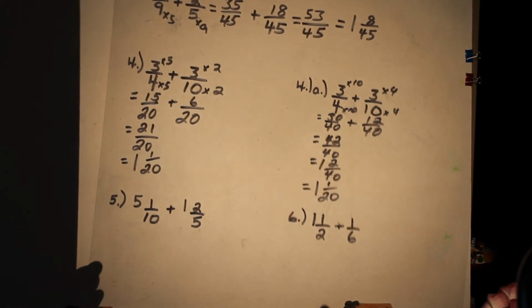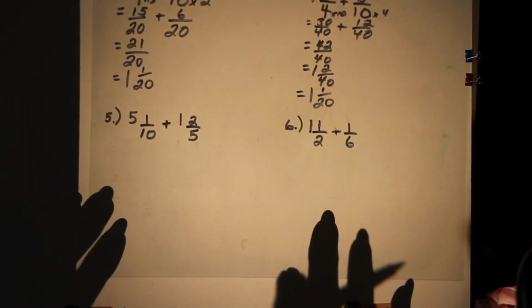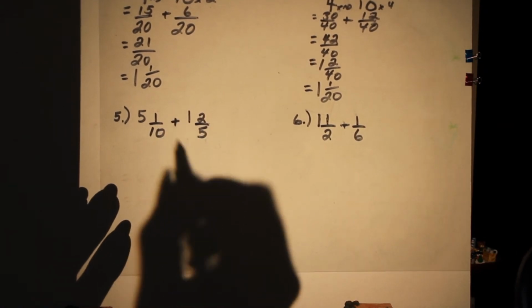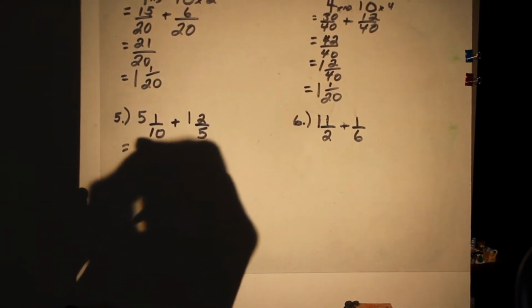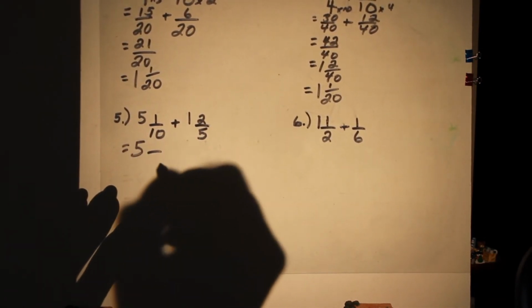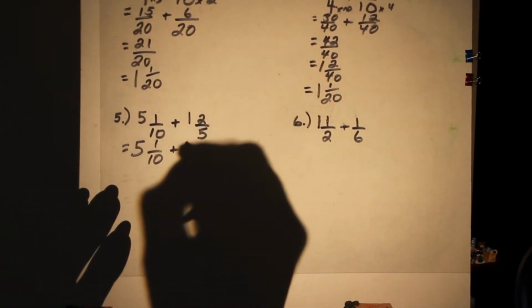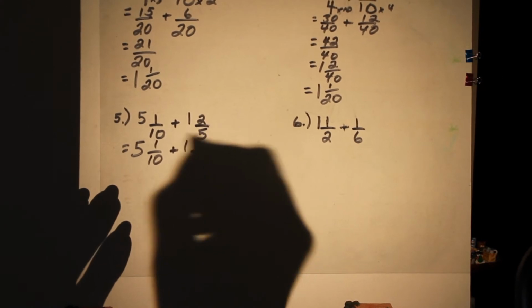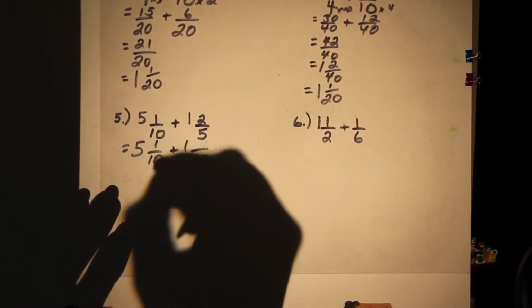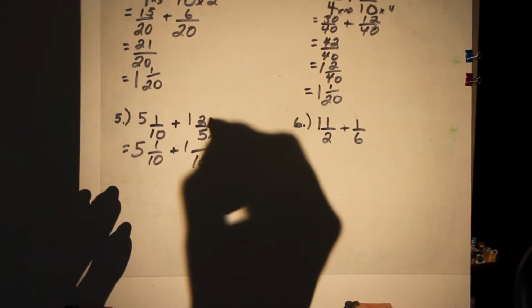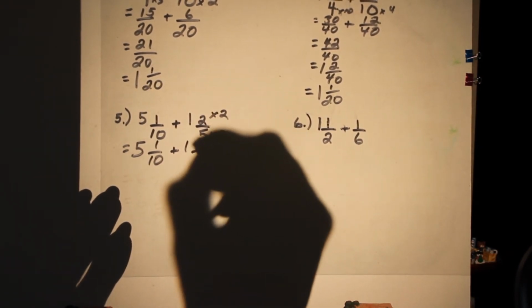So we end up with the last two. Raise that up. 5 1/10 plus 1 2/5. The whole numbers are fine. We need a common denominator. In this case, 10 will work. 10 here, so we just use the 1/10. 5 times 2 gave me 10, so 2 times 2 gives me 4.